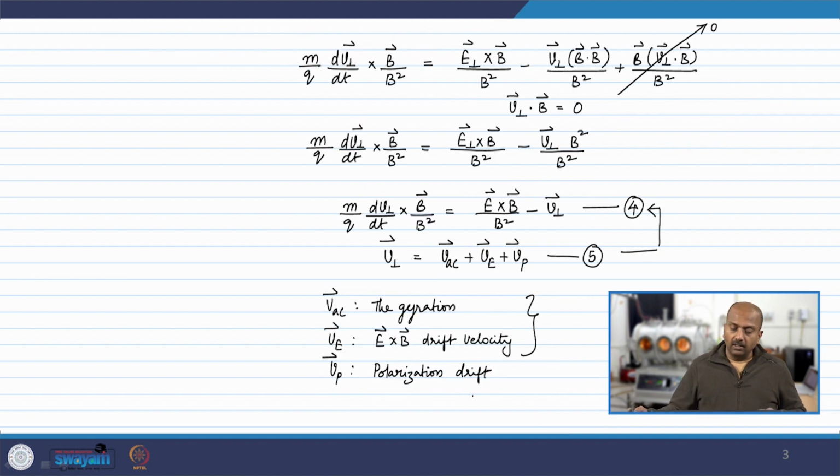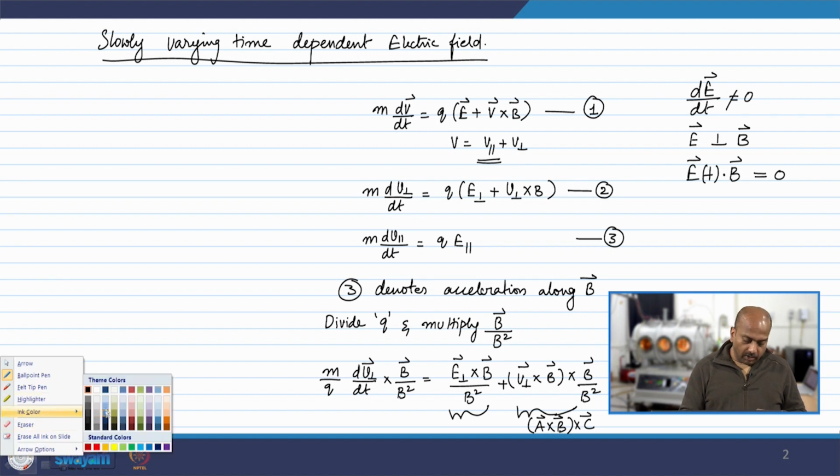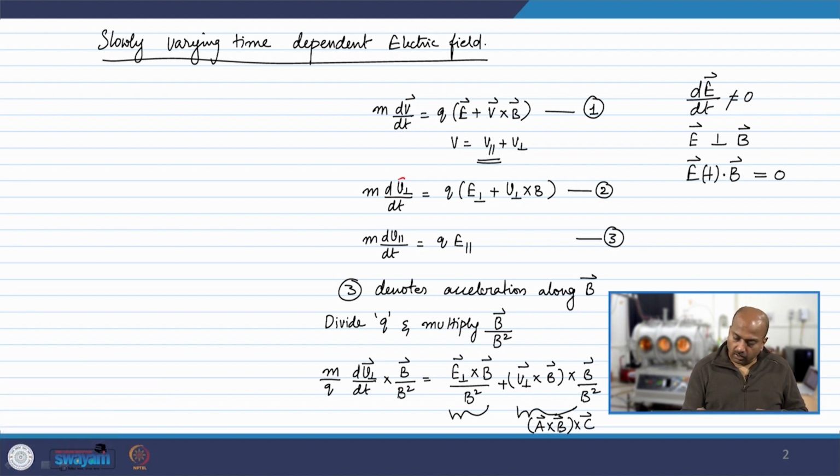Once we do that, we have other terms that appear on the right hand side. The perpendicular component of velocity seems to be affected by all of these things on the right hand side. That means we have to see how these things will affect it.